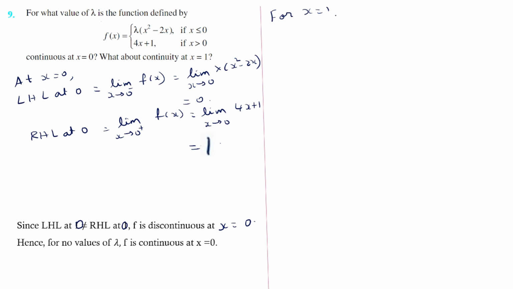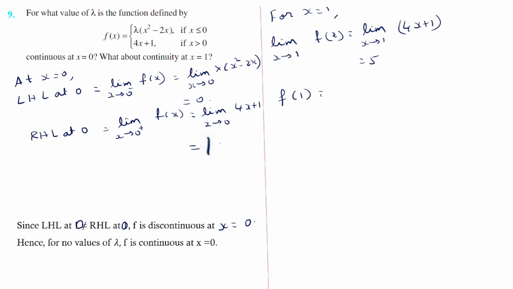For x is equal to 1, limit x tends to 1 of f of x, here we have f of x as 4x plus 1. So it is limit x tends to 1 of 4x plus 1. This is 5.